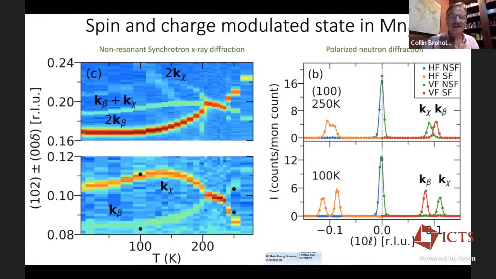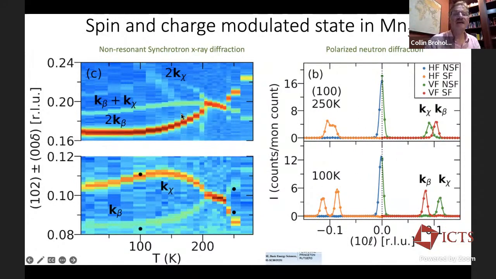And then we have an in-plane incommensurability, whose wave vector we denote by K chi. Both wave vectors are oriented along the c-axis, but the corresponding spin is modulated in perpendicular directions. So that's the magnetic component we determined by magnetic X-ray diffraction and polarized neutron diffraction.